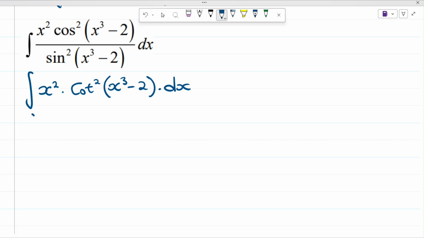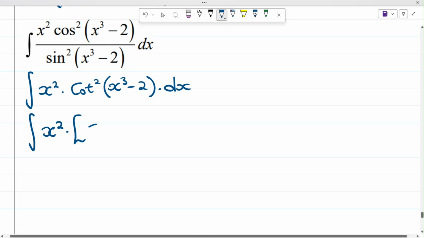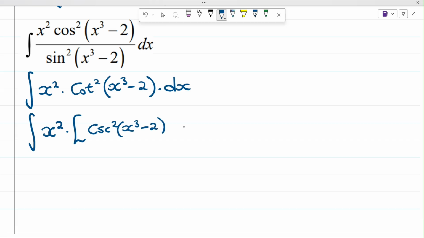So at the end of the day, this is going to look like x squared multiplied by, so cot squared is equivalent to cosec squared of x cubed minus 2 minus 1, and then the dx, just like that.